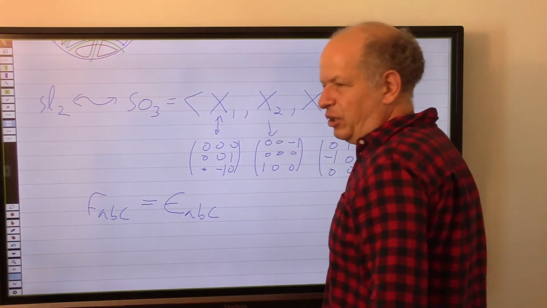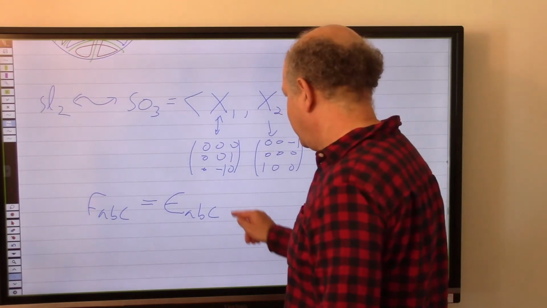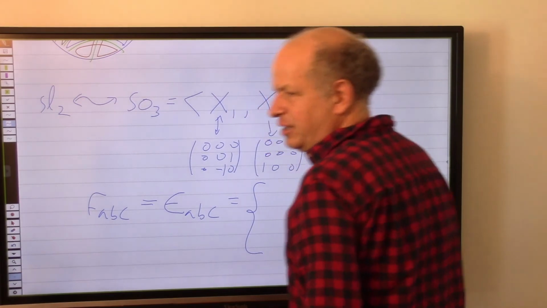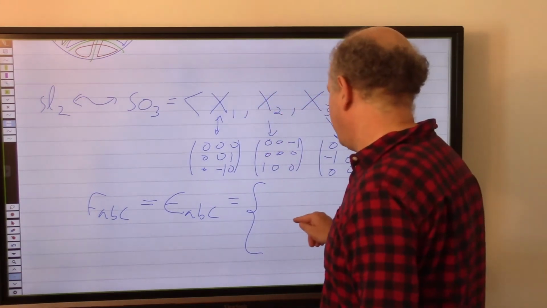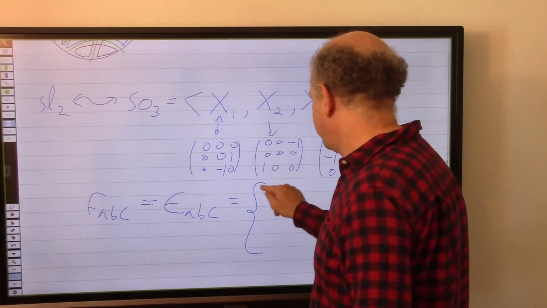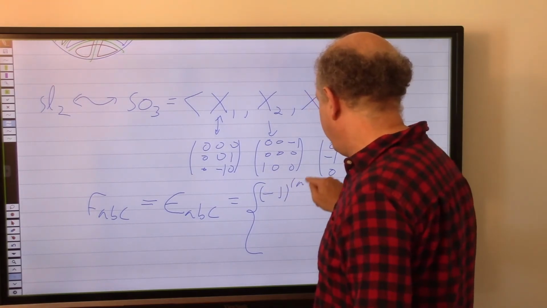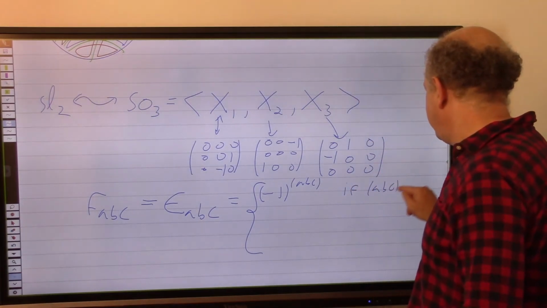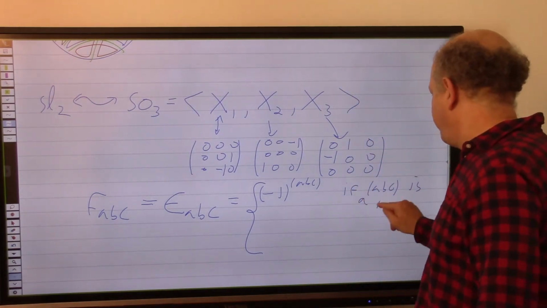And epsilon_abc is a standard symbol, a totally antisymmetric symbol. So basically it's (-1) to the power of the permutation if abc is a permutation.